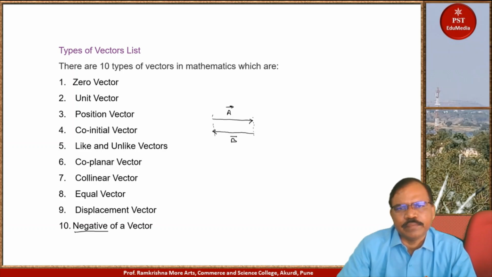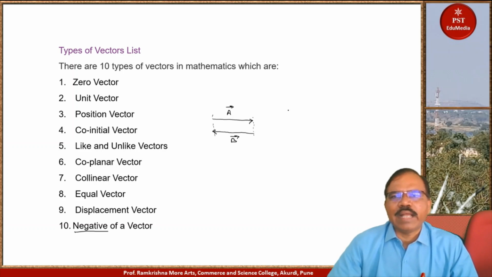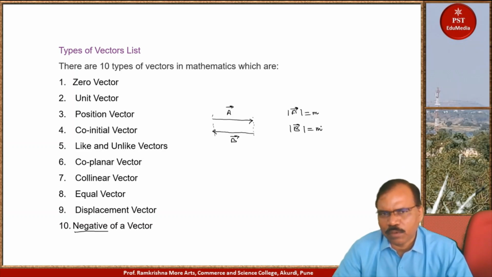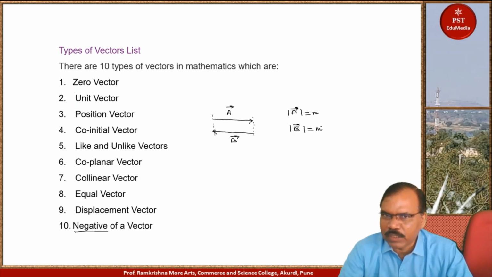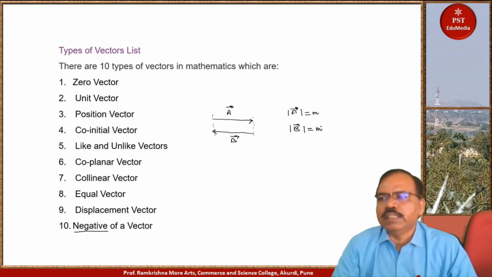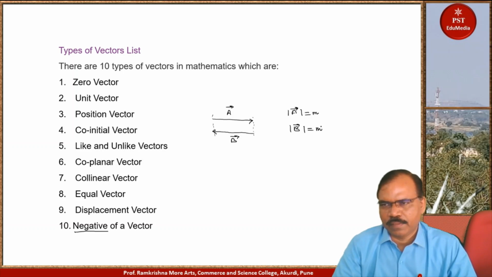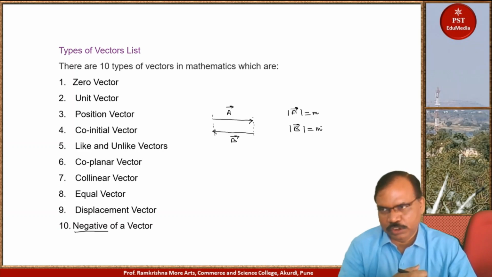Now if we take the magnitude of vector A, suppose it is M, and the magnitude of vector B is also equal to M. Means I have two vectors, their magnitudes are the same, but exactly opposite in direction. So here vector A and vector B have the same magnitude, means same lengths, but their directions are exactly opposite.